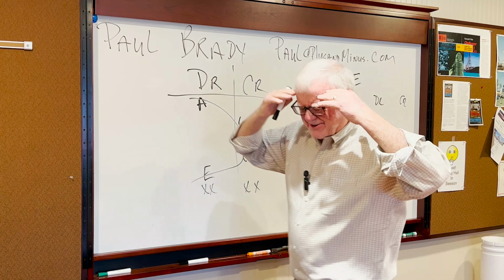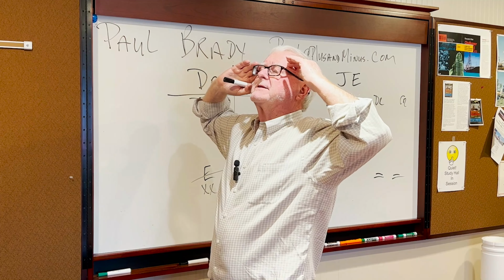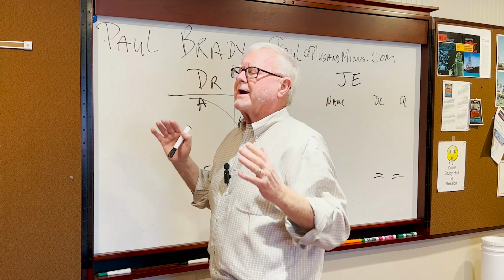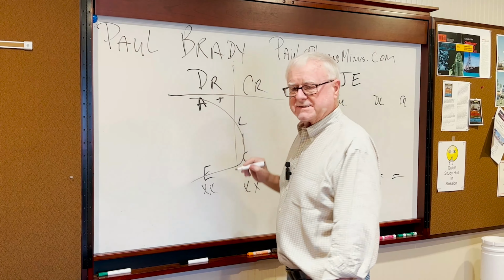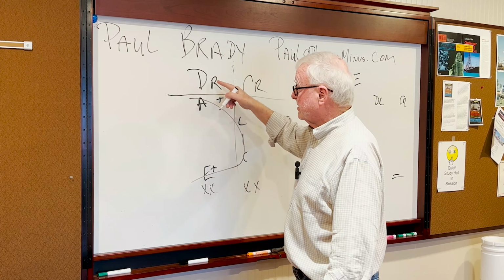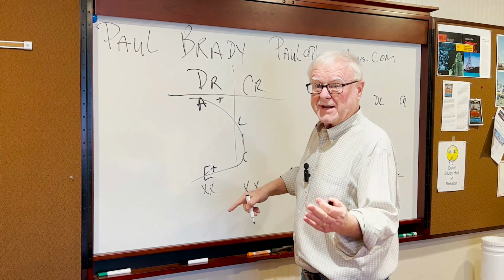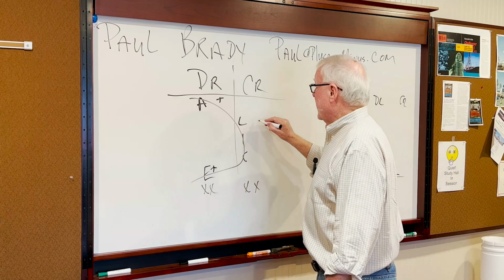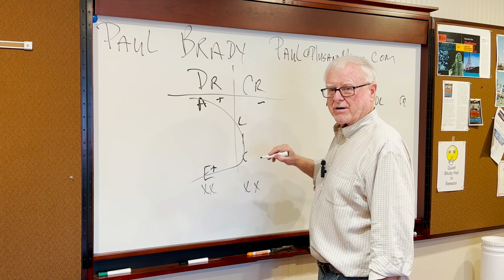The programmers, the coders said, whoa, how are we going to keep track of this in the computer? Oh, I got an idea. Boom! We'll make assets a positive number. We'll make expenses a positive number. All debit balances will have a positive number, so debit entries increase balances. Credit entries will have a negative number.